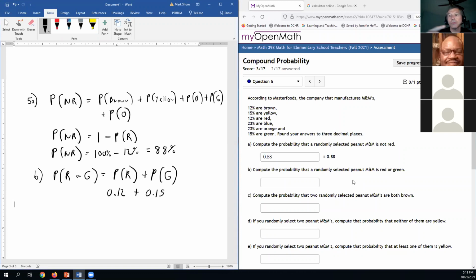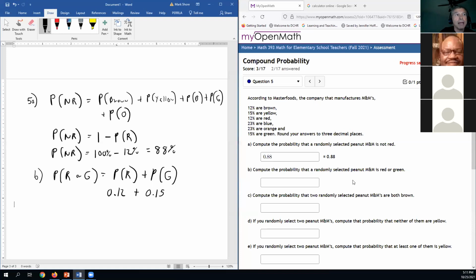Now, earlier when we had an or, we had to watch out, and we'll check it here, watch out that we don't count some M&M twice, like we did with female and bachelors or whatever that problem was a little bit ago. A grade, I think it was male and B. If you do male or B, some people got counted because they were male, and some got counted because they were B, and some of those folks got counted twice.